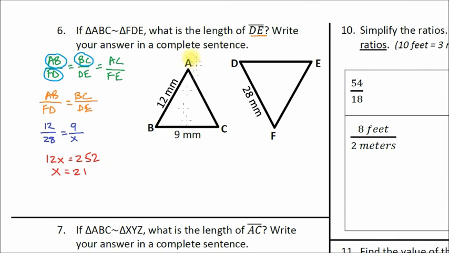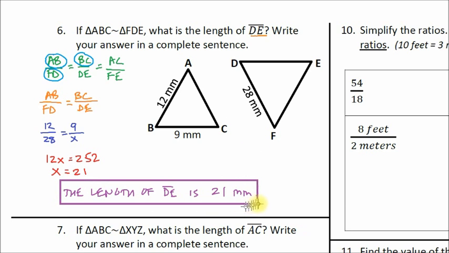So to write this as a sentence, all we have to do is just write the length of DE, side DE, is 21, and then our unit of measure is millimeters. So there is our answer written as a sentence.